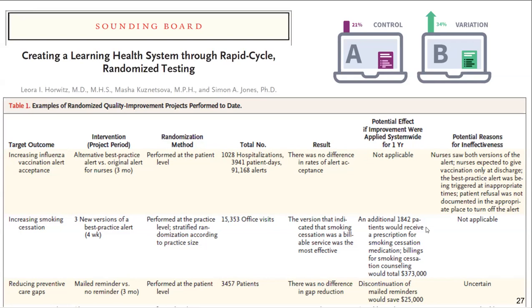But this was her New England Journal paper with very limited funding. She had a $1 million seed grant, and they designed basically 10 randomized trials, most of them centered around the EHR and quality improvement, to look at whether they could improve processes of care.